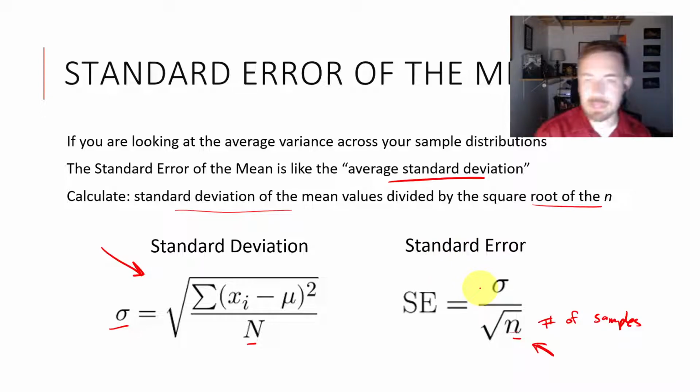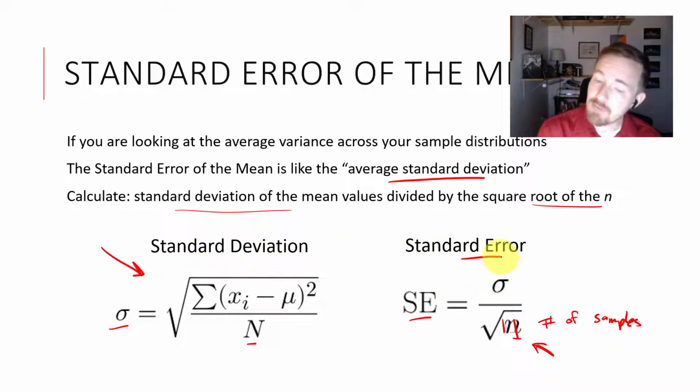So, without going into too much detail about the analysis, if we only had one sample, our standard error would be equivalent to our standard deviation. Why? Because n would be 1, the square root of 1 is 1, and the standard deviation over 1 is just the standard deviation. And that's not really helpful. It doesn't make a whole lot of sense to do it that way. You would just report the standard deviation.